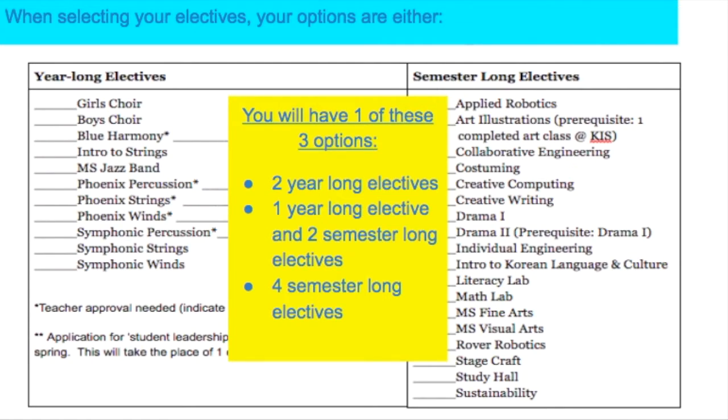Before we begin the registration process, please have your completed registration form handy. You should have completed your options. And before we go forward, we want to make sure you understand your 3 elective options as noted on the next screen.